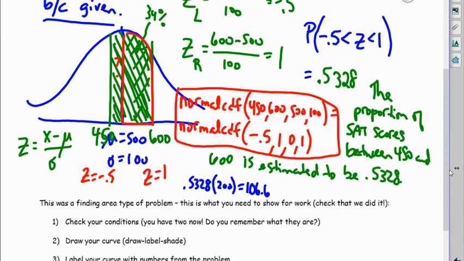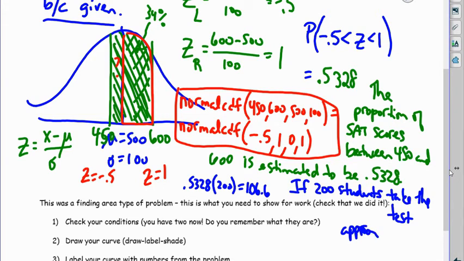So we estimate if 200 students take the test, approximately 106.6 students will be between 450 and 600, or just in that score window. Well, kind of squeeze that in there.